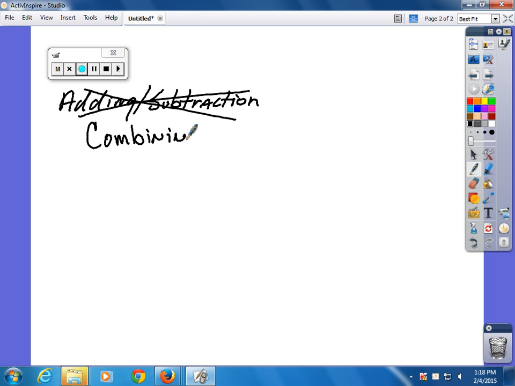Combining. Because if you have 3x squared minus 4x squared, these right here are nothing but a label. 3 boxes of cereal minus 4 boxes of cereal is -1 box of cereal. In other words, the label doesn't change when you have exponents and you're adding and subtracting. If they're the same, they combine.